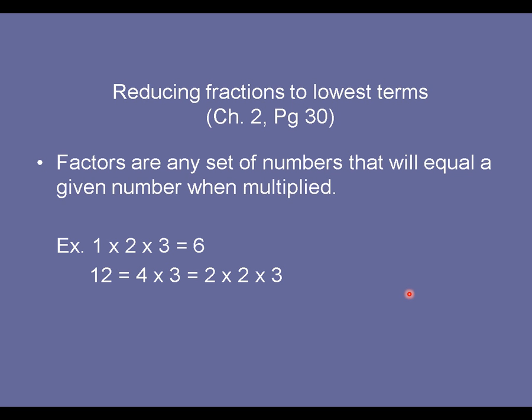Okay, most of the numbers have some factors. For an example, you can write 6 as 1 times 2 times 3. Now all these numbers, 1, 2 and 3, are factors of 6, because if you multiply the factors you get 6.